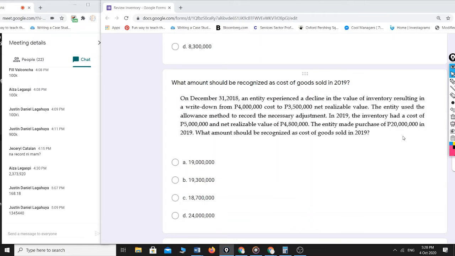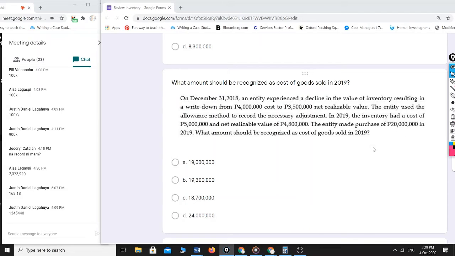Ang direct method, once you adjust, diretso nimo record sa inventory. I mean, i-credit na nimo inventory para magamay iyang amount. Si allowance method, dili ka mo gamit sa inventory account, but you use allowance for inventory write down.